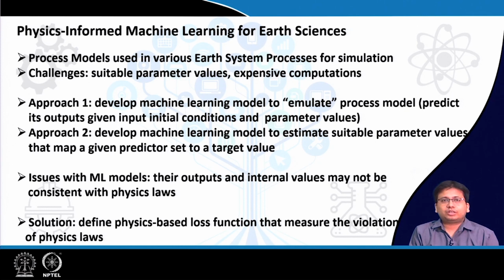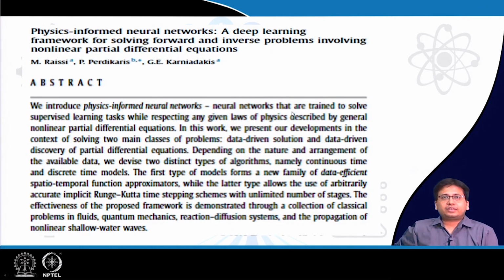So the solution to this is to define a physics based loss function that measures the violation of the physics laws. In recent times there is this paradigm called physics informed neural networks which has emerged, and this is a famous paper which uses these, a deep learning framework for solving forward and inverse problems involving nonlinear partial differential equations.